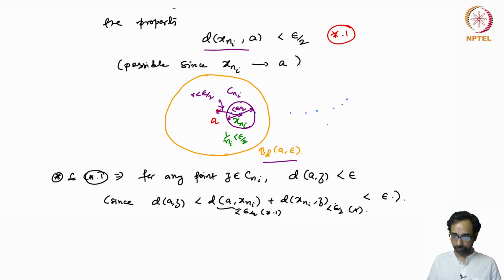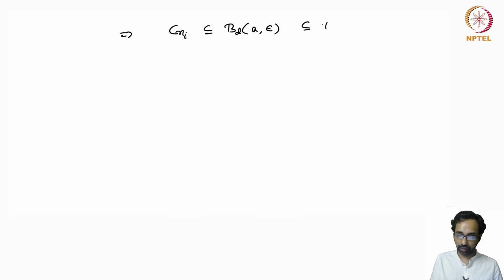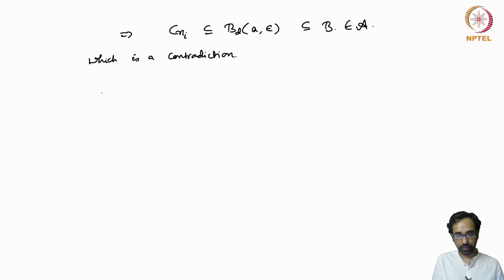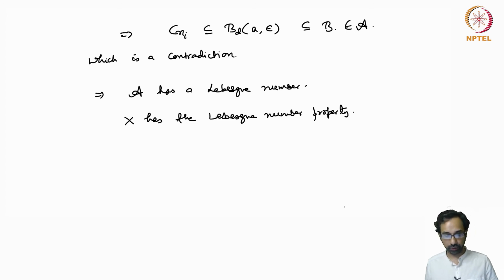So this means that C_{n_i} lies completely inside the metric ball of radius epsilon and center A, and we have chosen this so that it lies completely inside this set B from this open cover, which is a contradiction. So this means that X has the Lebesgue number property. So we see that a sequentially compact metric space has the Lebesgue number property.